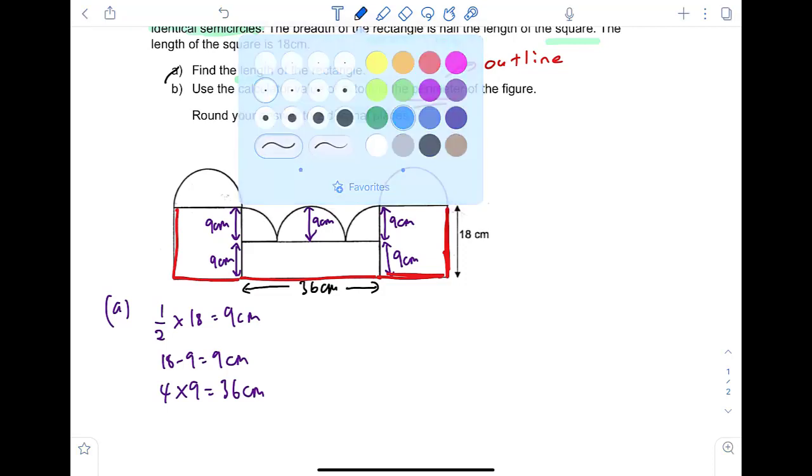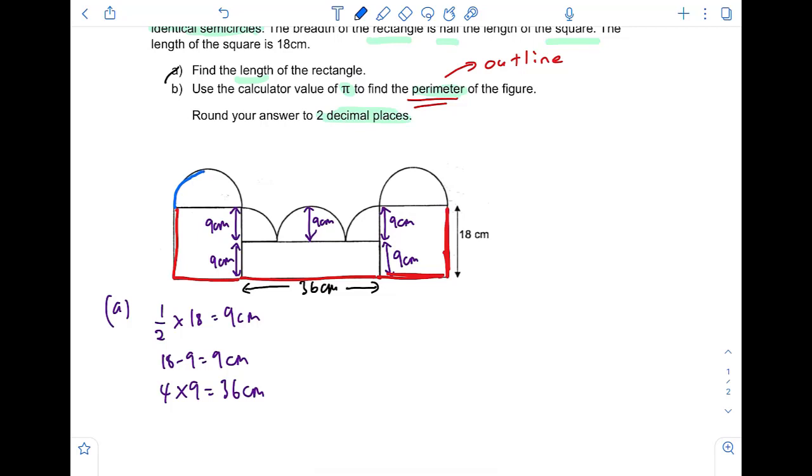The curves will be the blue colors. See this blue one here, plus another blue one here, this one here, and this, and the final curve is over here. Now, for the straight lines, it's rather straightforward because it's just 18 times 1, 2, 3, 4 plus 36.